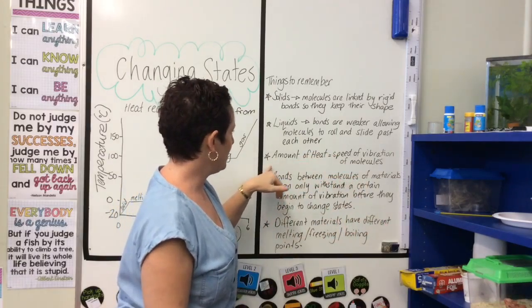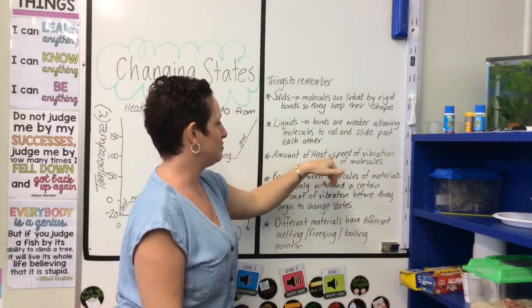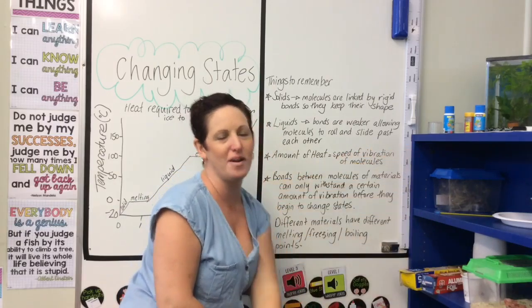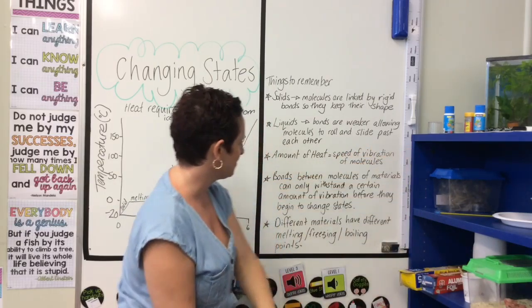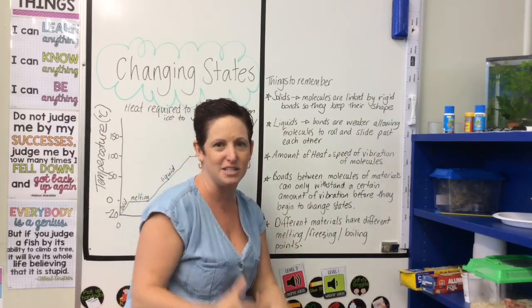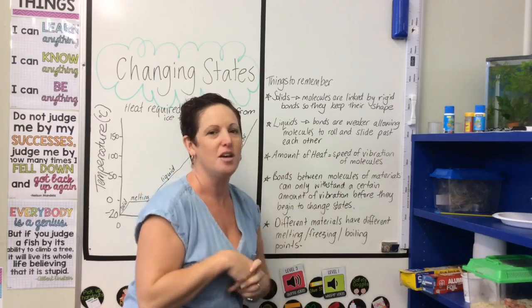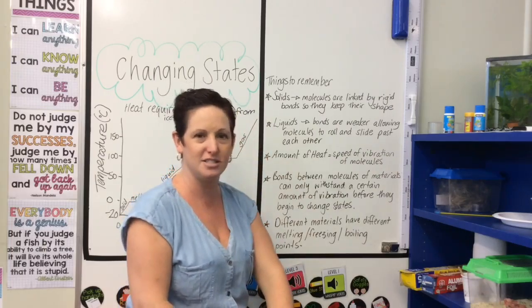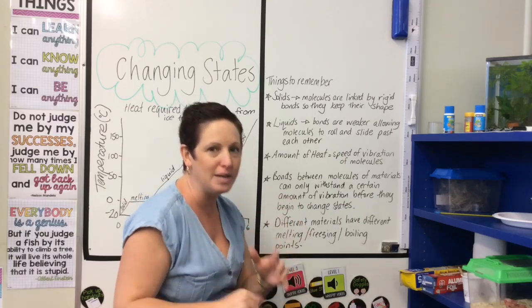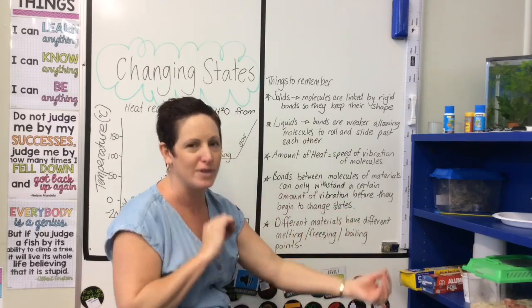The amount of heat is directly proportional to the speed of the vibration of the molecules. The bonds between molecules of materials can only withstand a certain amount of vibration before they start to change states. And different materials have different boiling points and different melting or freezing points.